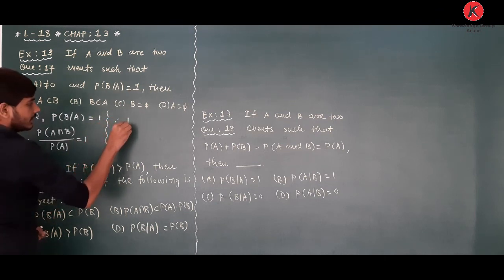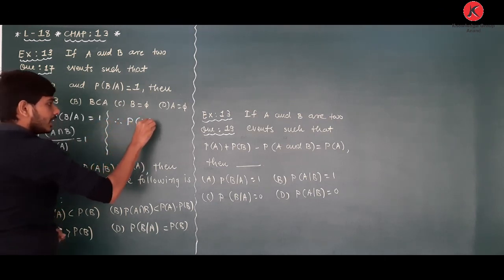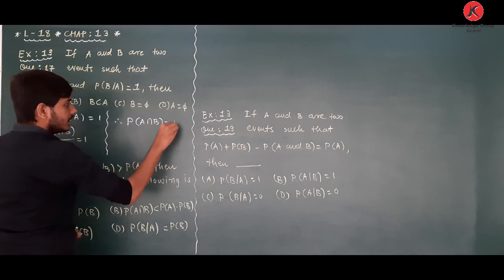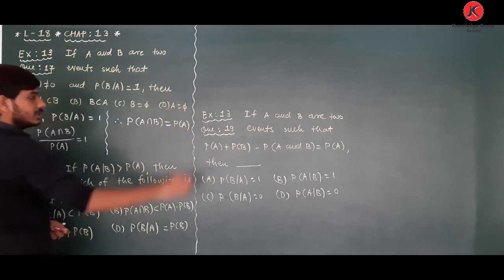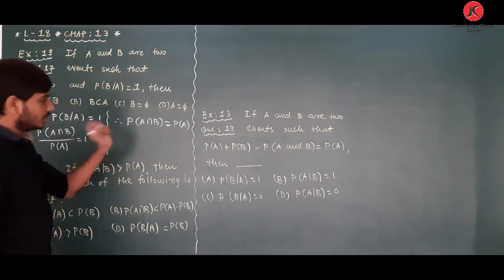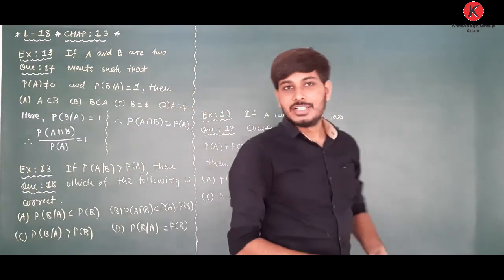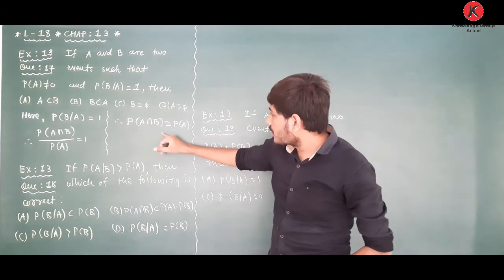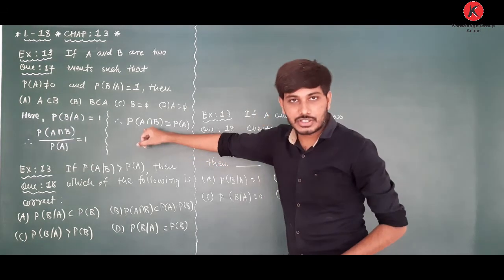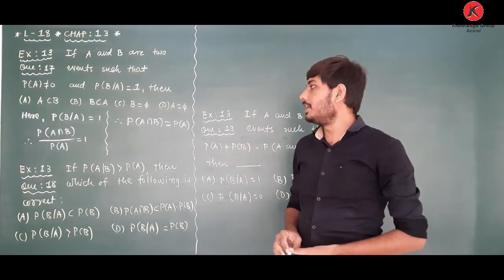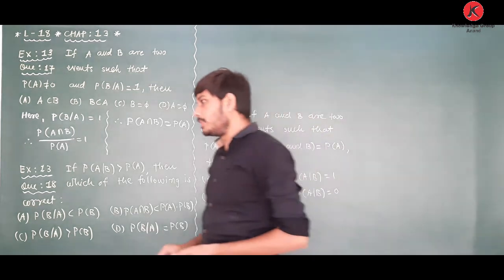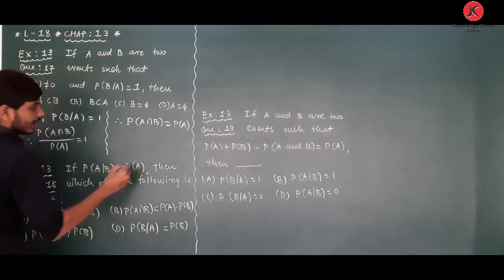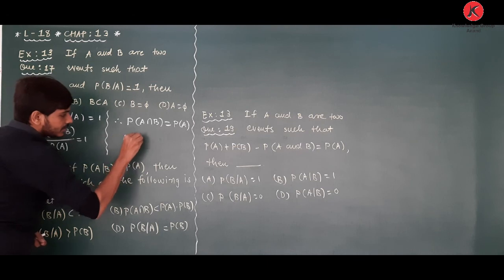Therefore, we get the probability of A intersection B equals probability of A. How is it possible? It is possible when A intersection B and A have the same probability, when A is a subset of B.